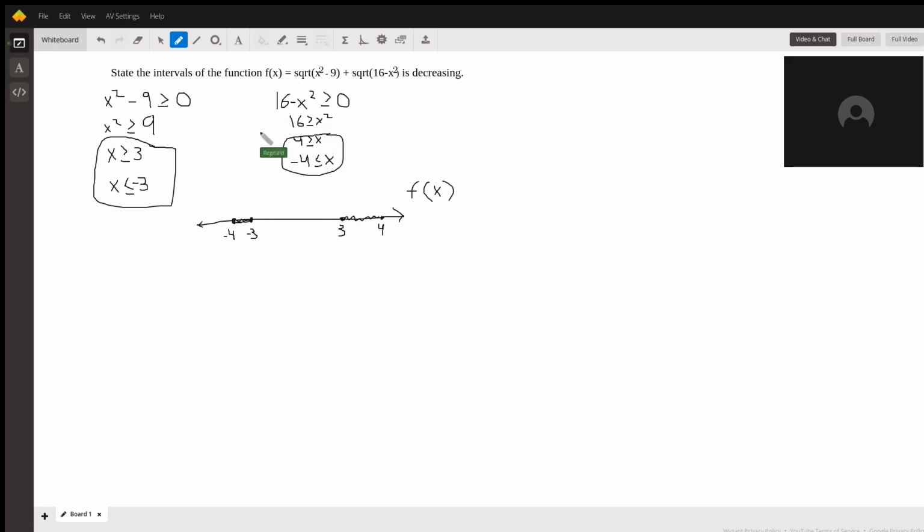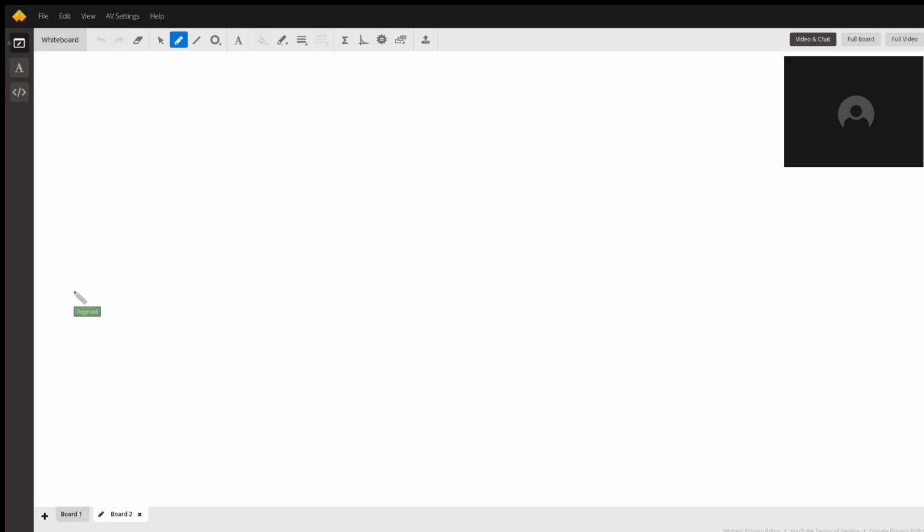All right, so now let's take a derivative. So we're going to go to a new board. The square root of x squared minus 9 plus the square root of 16 minus x squared. So anytime we see radicals, I'm going to put this in fractional exponent form, right, that way we can use the power rule.